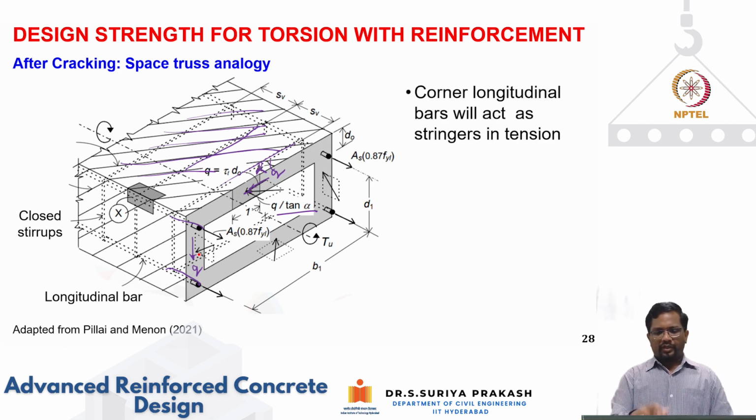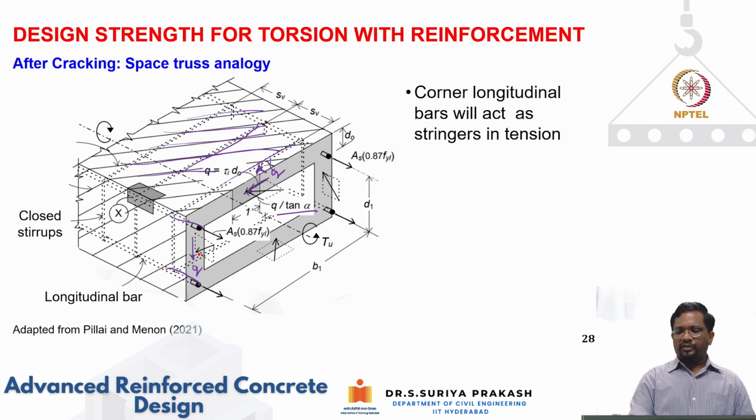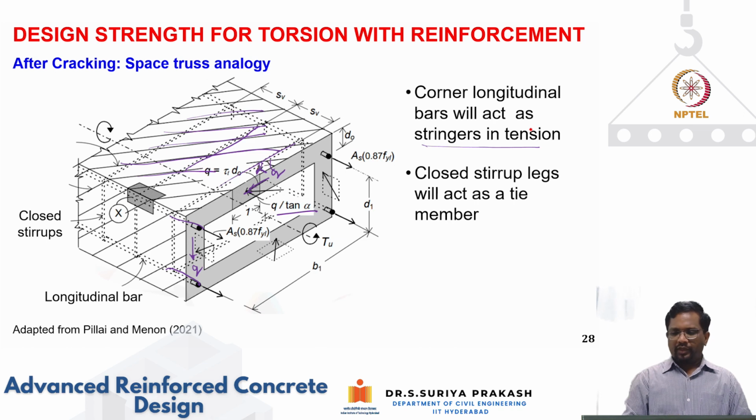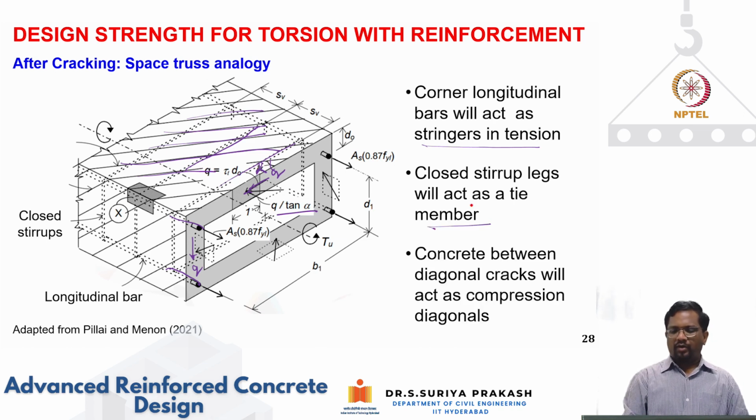Here in the space truss analogy, we are assuming the corner longitudinal bars will act as stringers which are in tension, the closed stirrup legs will act as tie members, and the concrete between these diagonal cracks will act as compression diagonals. So you have tension elements and compression elements, all connected together to form a three-dimensional space truss.